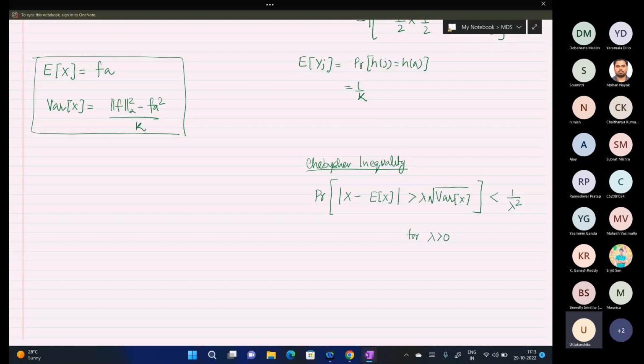Right. So the same thing will apply on our random variable.